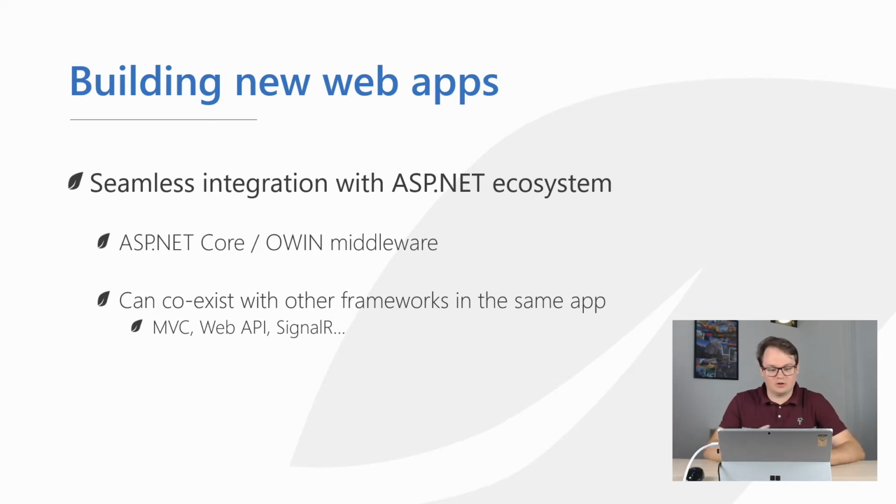But we support it. And thanks to the integration into these ecosystems, we can also coexist with other frameworks in the same application, in the same process. You have probably used this feature at some point of time. For example, if you have been using ASP.NET MVC with SignalR, this is an example of how two frameworks can live in the same application.